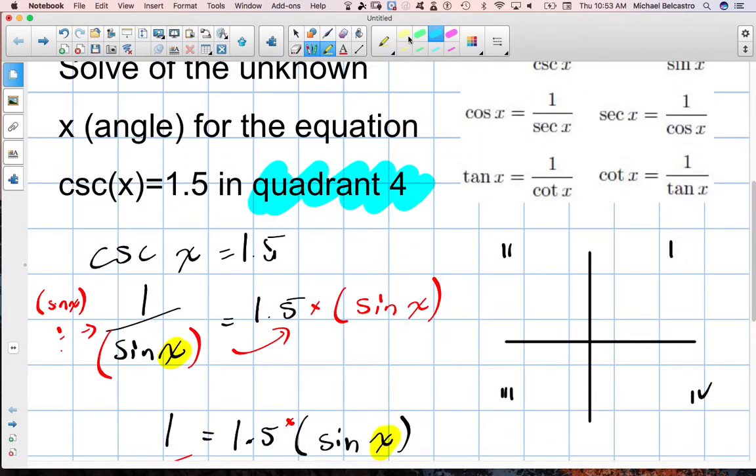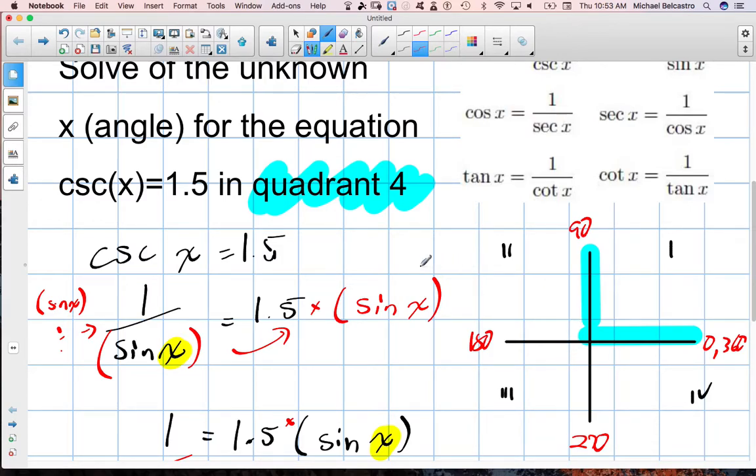So because that's quadrant 1, and the question asks for quadrant 4 down here, we'll quickly denote from 0 to 90 is quadrant 1, from 90 to 180 is quadrant 2, from 180 to 270 is quadrant 3, and from 270 to 360 is quadrant 4. So we need to find that angle in quadrant 4 here.